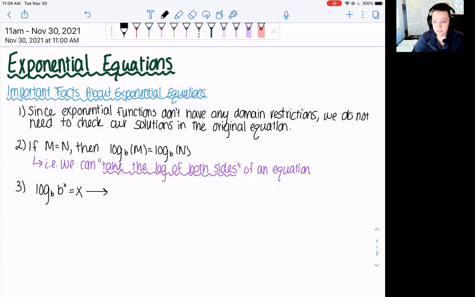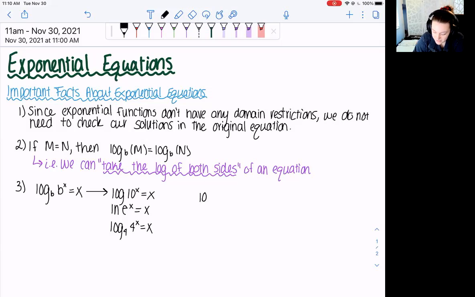So with log base 10, if you have log of 10 raised to the x, this is just x. With ln, since the base is e, if you have ln of e to the x, this is equal to x. And then if I just choose a random base, let's say log base 4 of 4 raised to the x, that would be x.